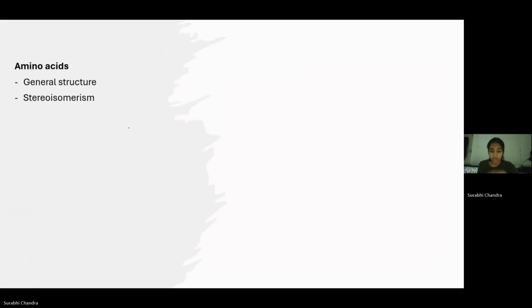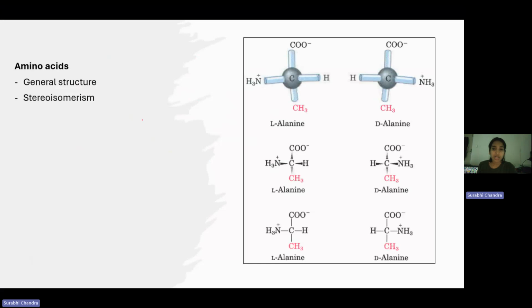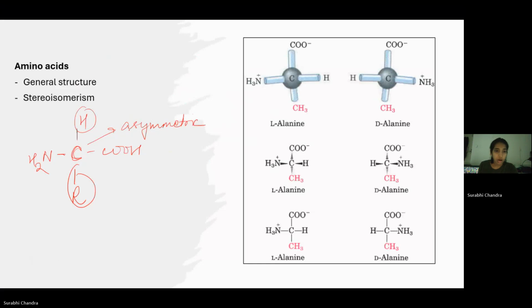Now, we will again look at this in some detail later. Here this is the general formula of an amino acid, and this is an R group. Except glycine, where both these groups are H, this particular C is asymmetric, a chiral carbon, wherein it can show stereochemistry.